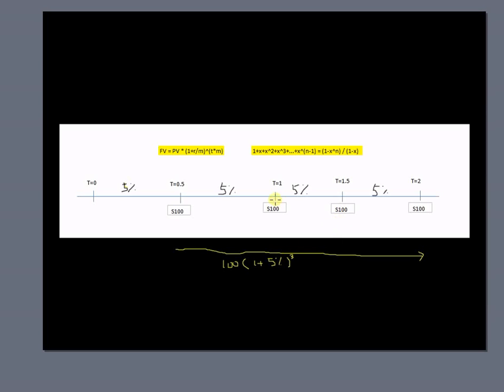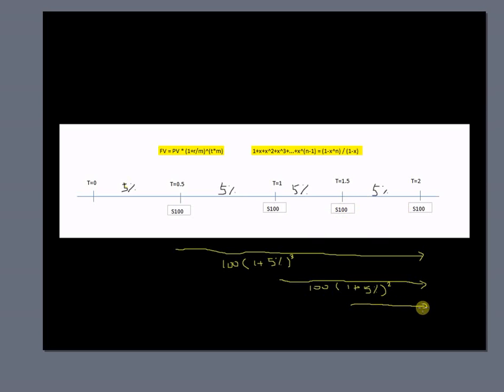Okay, let's move on to the second cash flow. It's the cash flow at time period 1. So this will be $100 into 1 plus 5% to the power of 2. Okay, and the third one, t is equal to 1.5.